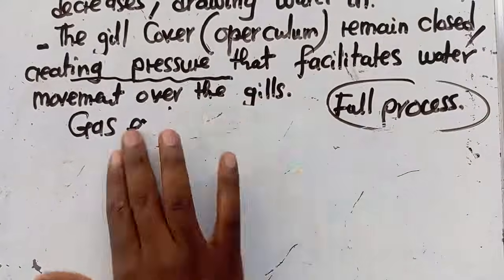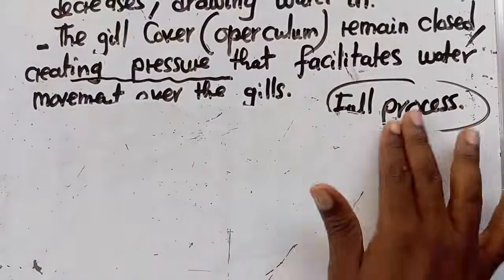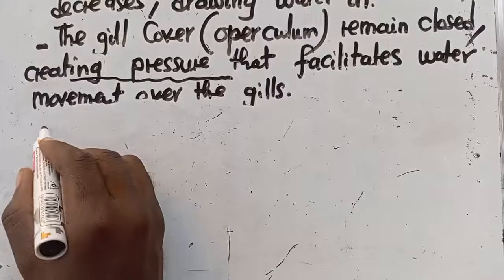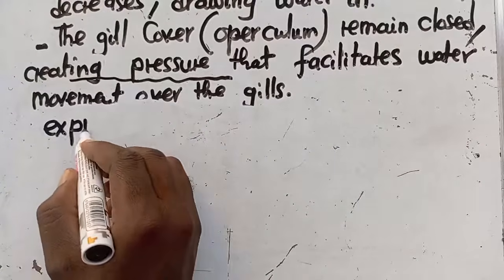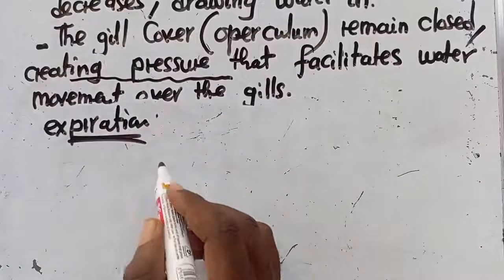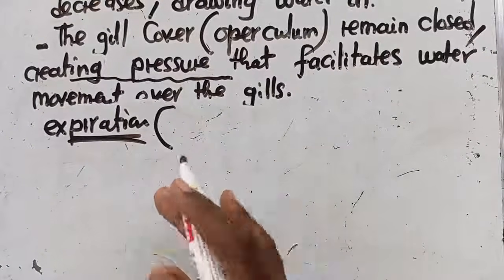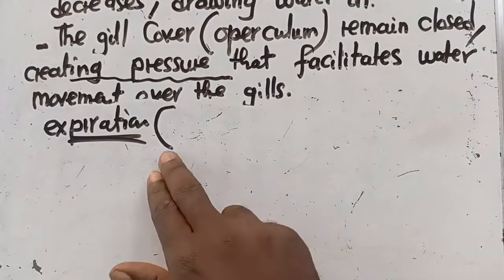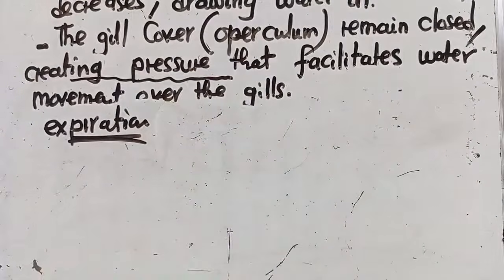So we move now to another process we are calling what? Expiration. I want you to understand this. This is where gases get to move out. So this is where we have gone to.